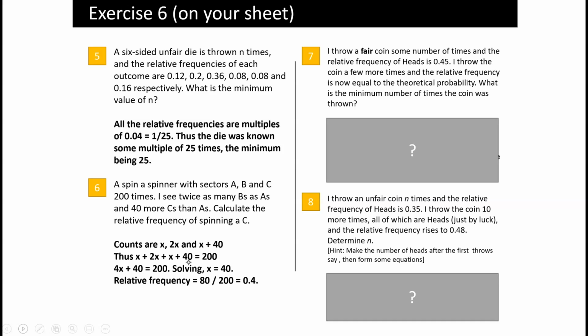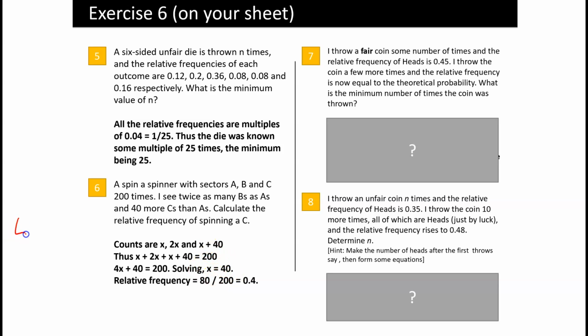A is x, B is 2x because it's twice as many B's as A's, and C is x plus 40 because it's 40 more C's than A's. So you've got your values. You can form an equation because we know it's spun 200 times. So we can add all this together. We've got our equation and we can solve it.